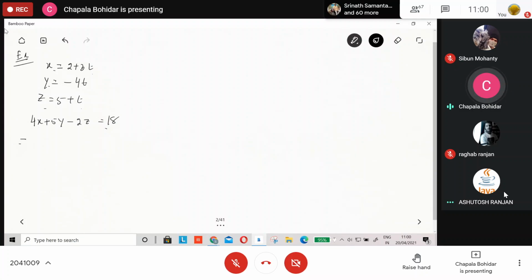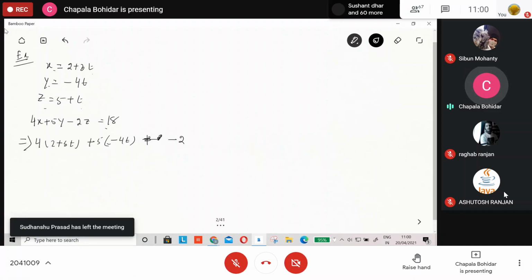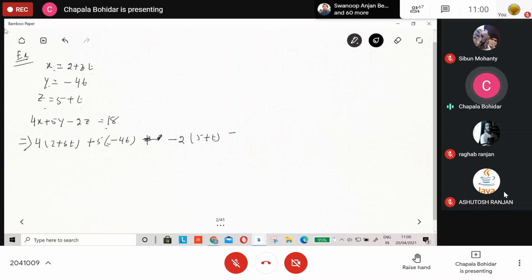Now this implies 4 into (2 plus 3t) plus 5 into (minus 4t) plus, for z, minus 2 into (5 plus t) is equal to 18.